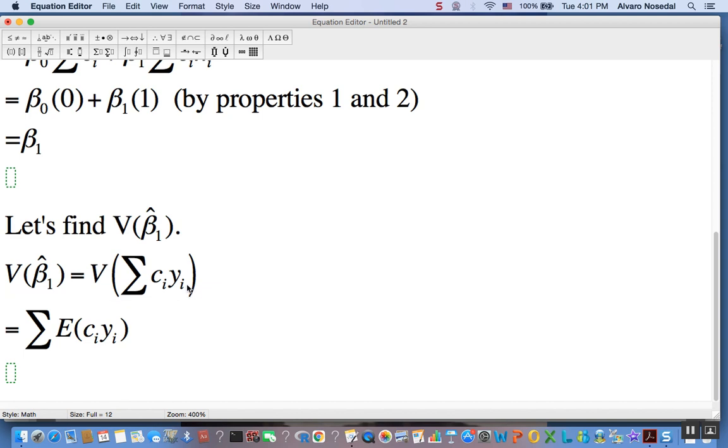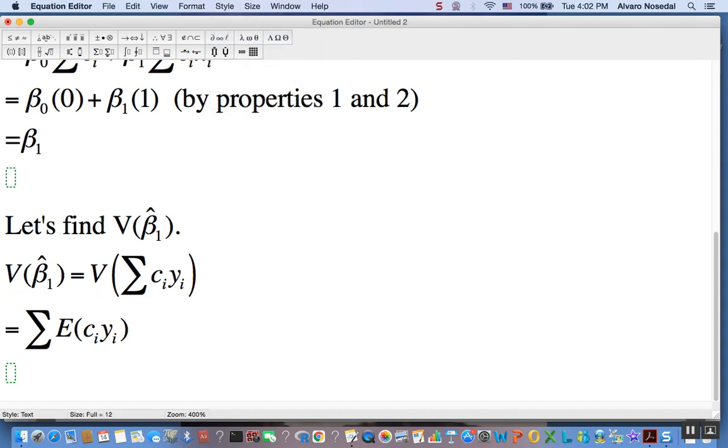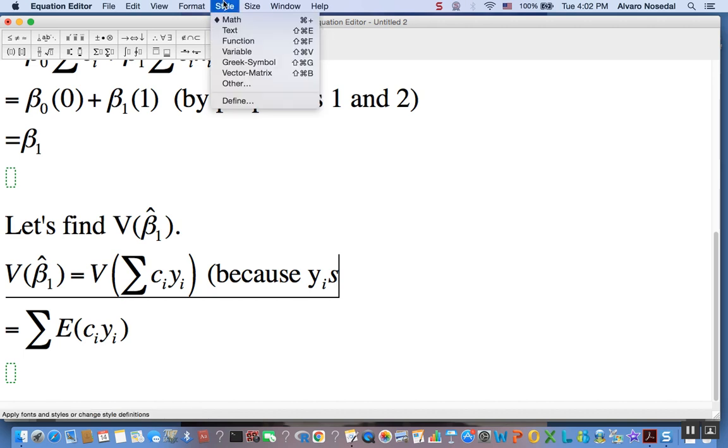We know that the yi's are independent. So if we have the variance of a sum of independent random variables, the variance of a sum is the sum of variances, but only when those random variables are independent. So that's worth noting, right? Let me write it down here, because yi's are independent.